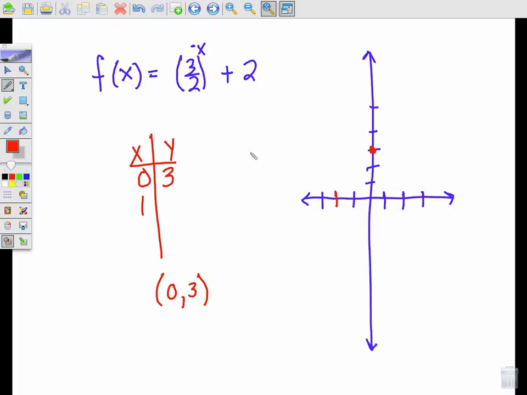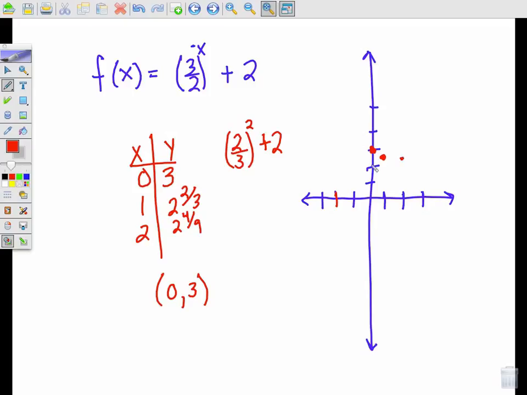Let's go ahead and put in 1. 3/2 to the -1st, that's 2/3. 2/3 plus 2 is 2 2/3. With those negative exponents, you're going to want to make sure that you flip your fraction. Over 1, up 2 2/3. Let's do one more. Let's put 2 in there. So that's 3/2 to the -2, which is really (2/3)^2, and then plus 2, that's 4/9 plus 2 is 2 4/9.